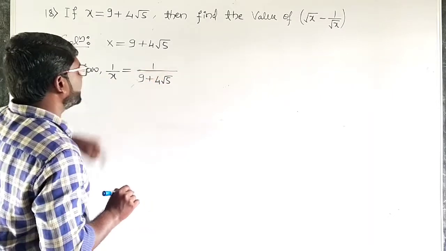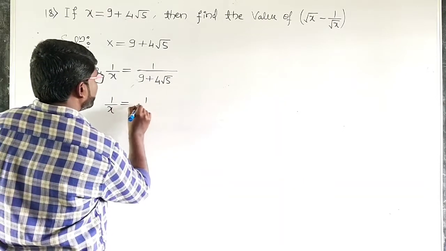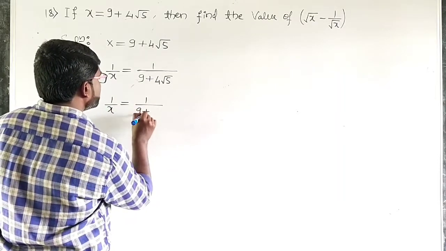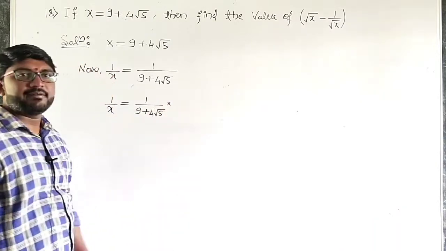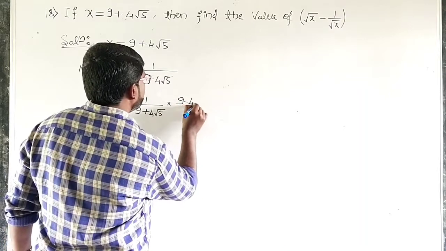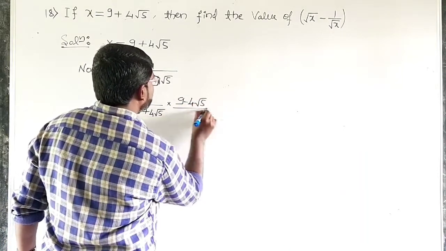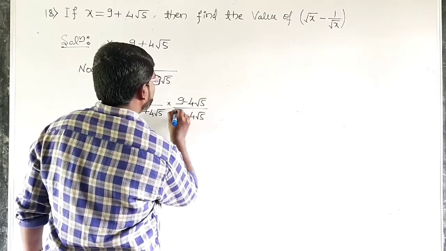So what do we get now? 1 by x is equal to 1 divided by 9 plus 4 times root 5, then multiply and divide by the opposite sign of the denominator, 9 minus 4 root 5 divided by 9 minus 4 times root 5.